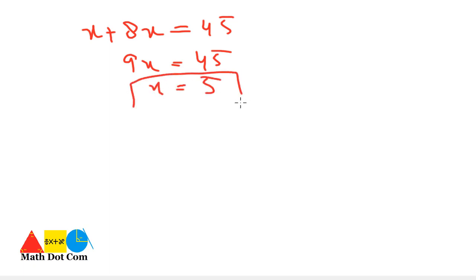x plus 8x equals 45. 9x equals 45 and x is equal to 5. This is the value of what? This is the value of pen, because we have assumed the value of pen as x. So this is the price of pen. Now what is the price of book?